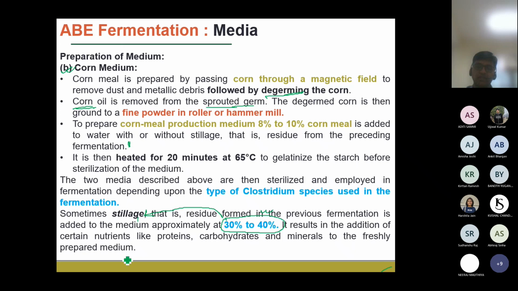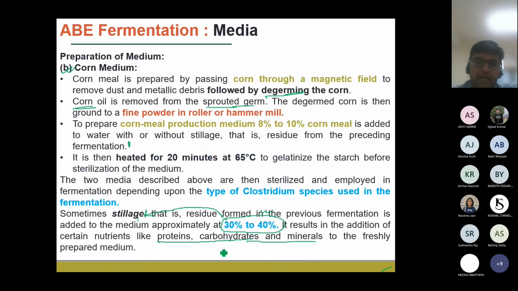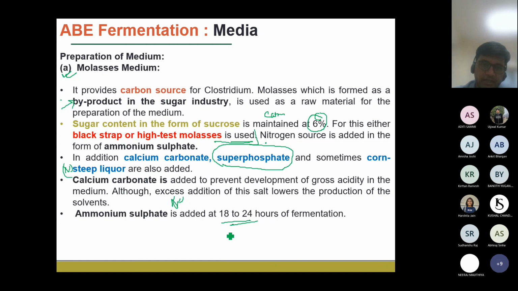So why is it being done? It leads to the addition of certain proteins, carbohydrates, and minerals to the freshly prepared medium, and that promotes the production of acetone butanol ethanol. So this is the overall picture of the corn medium, and the molasses medium. Does anyone have any doubts or questions till now?